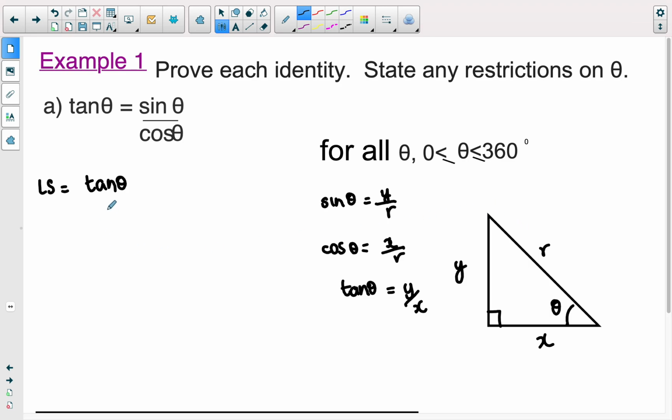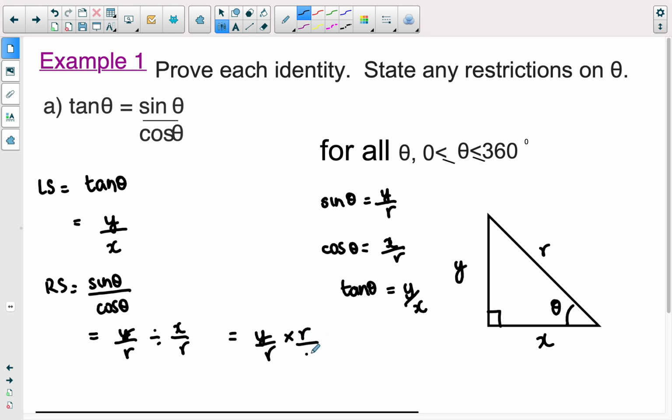And so we can say that the left side is tan theta, which is y over x, right? And the right side of our expression here is sine theta divided by cos theta. So that would be y over r, which is sine theta, divided by x over r. If we simplify this like fractions, this would be y over r times r over x. R would cancel out and we get y over x.